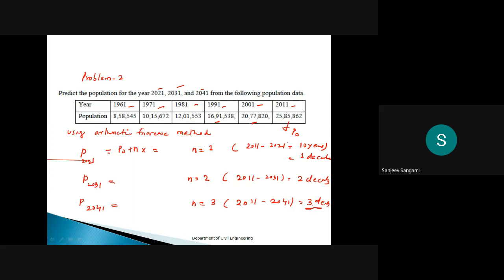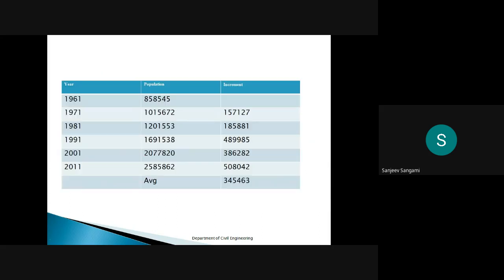Before that, we have to calculate the x. How can this x be calculated? We already did that.